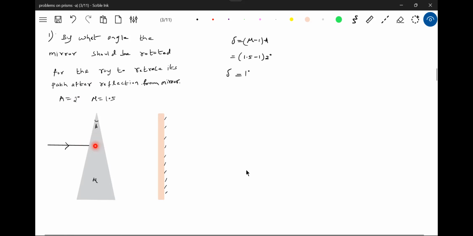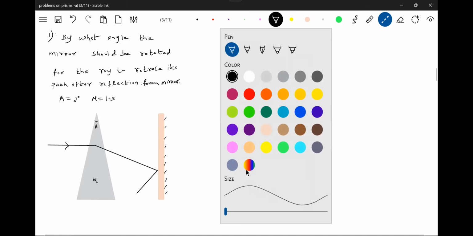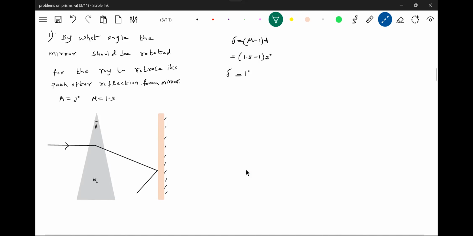If the prism were not there, the ray would have just traversed horizontally. Now this particular prism produces a deviation. Definitely the ray is not incident normally on the mirror. I'll choose some color. You can see the angle of incidence theta, there's a deviation.